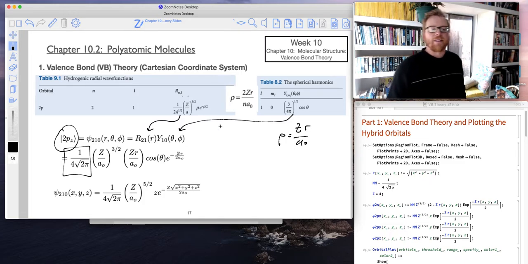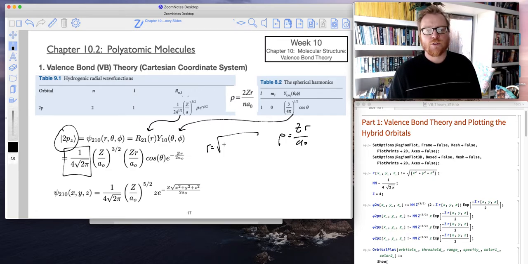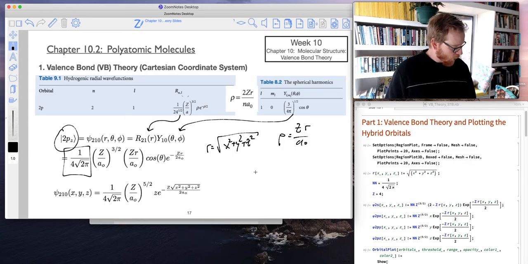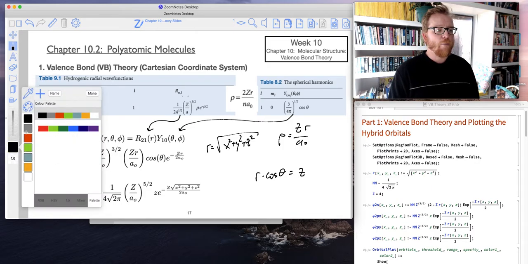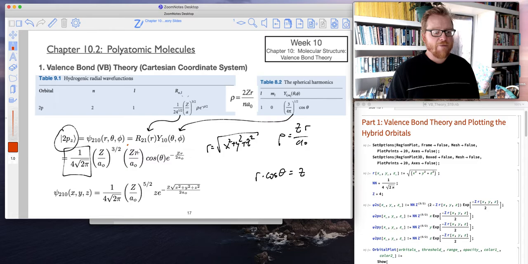So now what happens? Well, we know that r is still equal to the square root of x squared plus y squared plus z squared. But also r times cosine of theta equals z. All right, and so I'll point that out, that I've got an r times a cosine of theta right there, and that all becomes z.